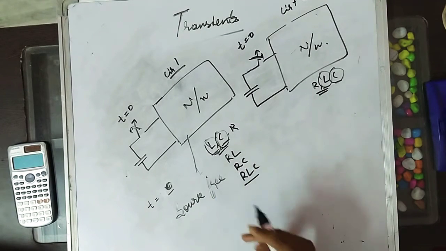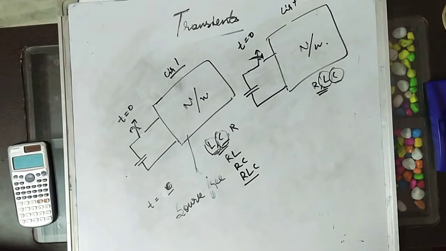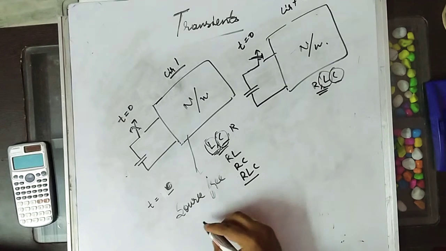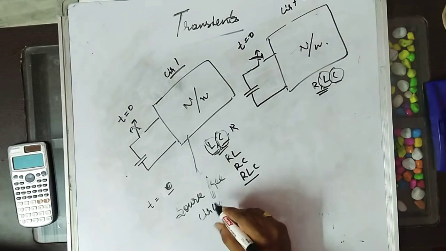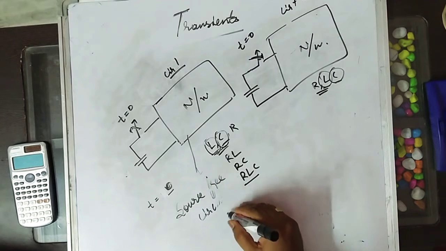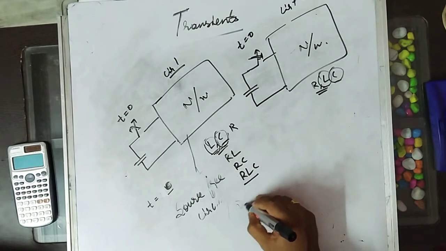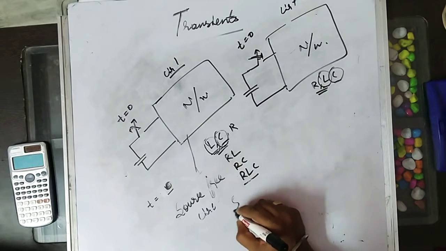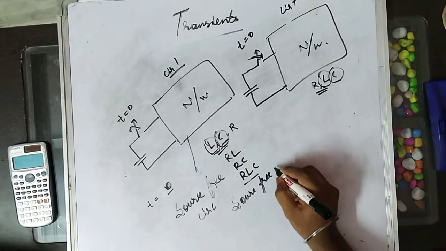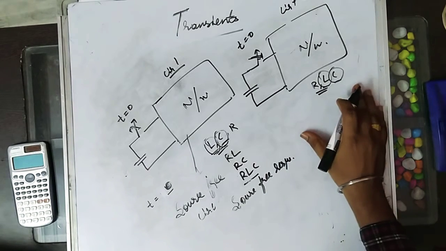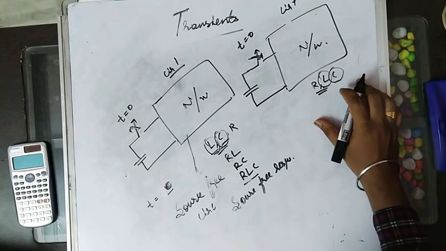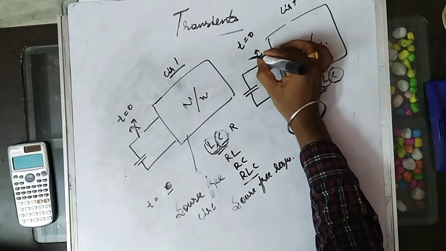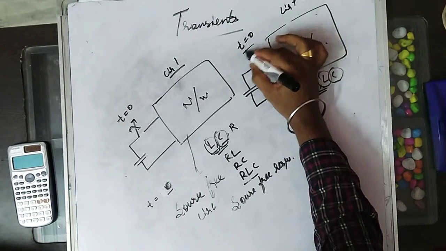If I remove the source after a finite interval of time, that is called a source free circuit. For that source free circuit, the response is called the source free response. Now for the other circuit, I am adding the source through a switch acting at time 0.